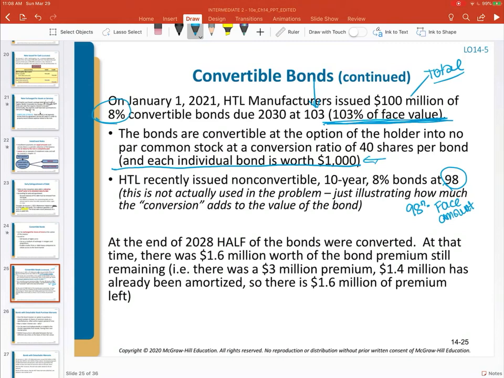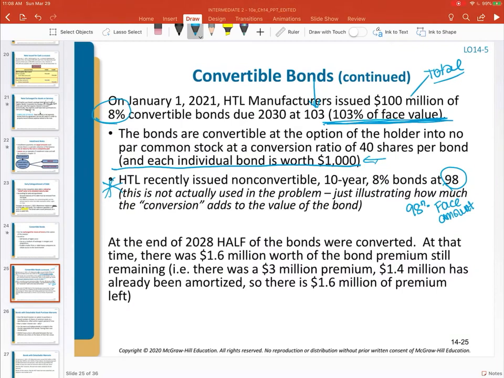If these bonds were issued without a conversion option, they would actually have been issued at a discount. But because they have a conversion option associated with them, the bonds were issued at a premium price. So again, this second bullet point is not used in the problem. It's just illustrating how much value the conversion option adds to the bond.